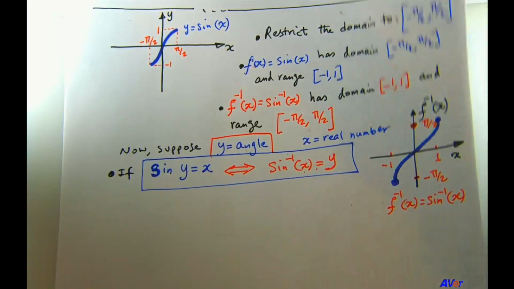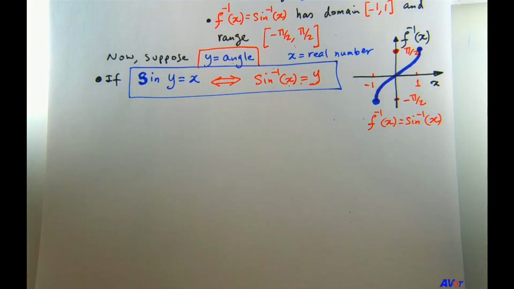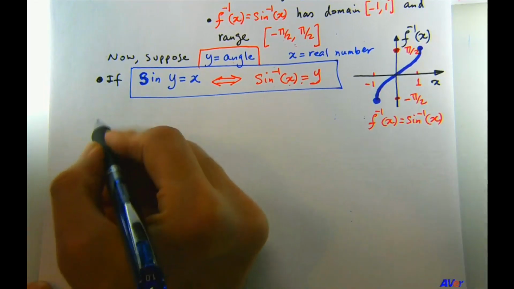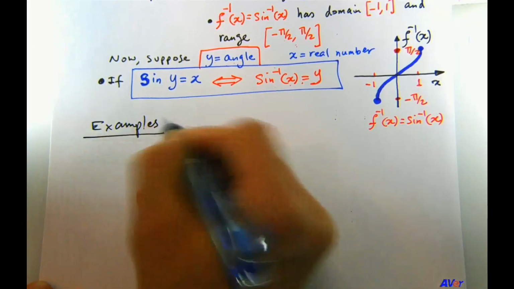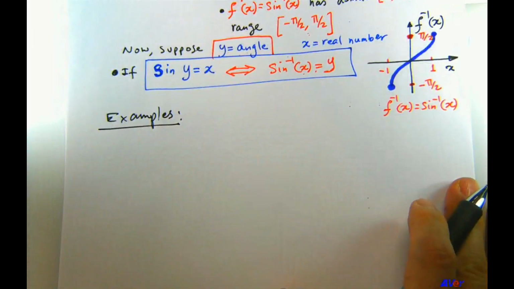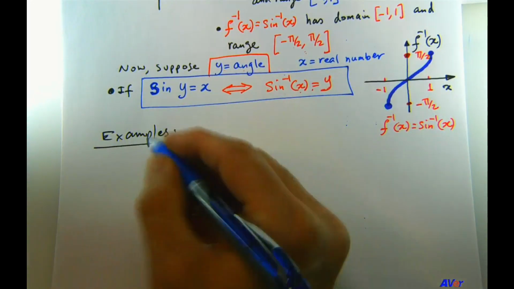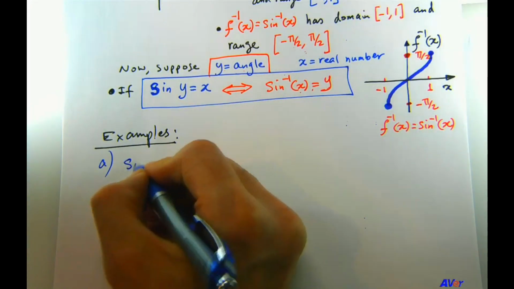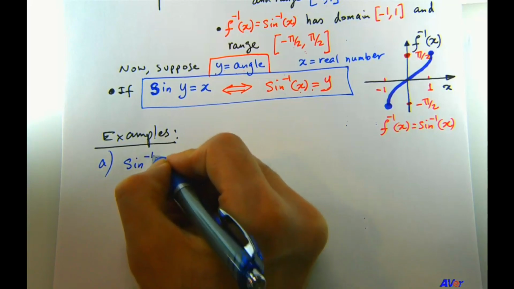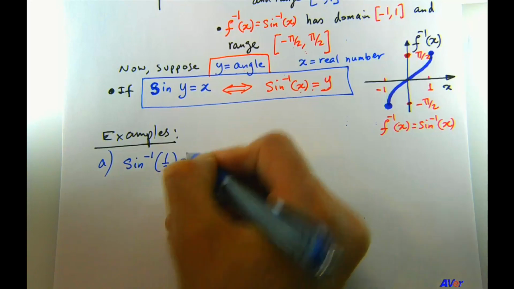Okay, so let's solve some examples of working with the inverse sine function. Example A: the inverse sine of 1/2.